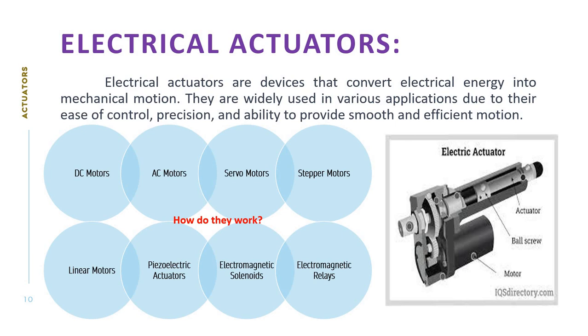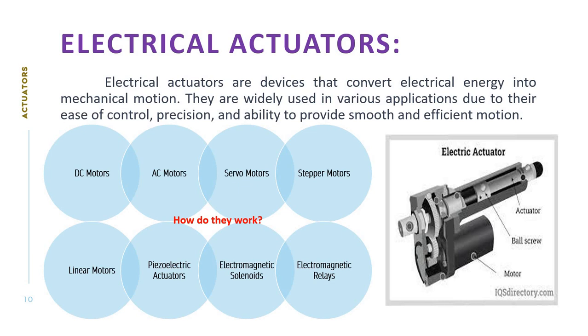DC is direct current, where the motors are a fundamental type of electrical actuator. Here it converts electrical energy into rotational motion. This might come in various configurations. And next are AC motors, which use alternating current. Here also the motor is another type of electrical actuator. Everything is electrical energy being converted into rotational motion.